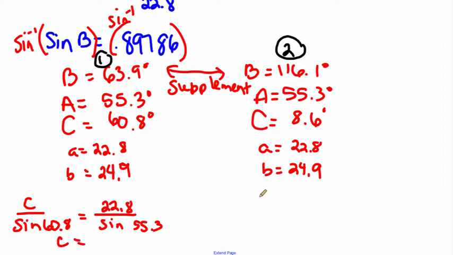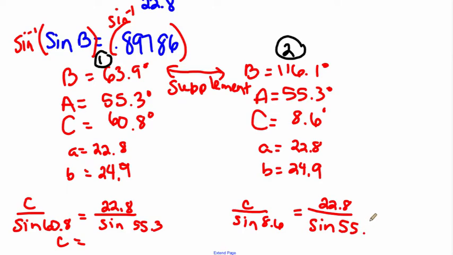But in this triangle, we have to do the same thing, but now we're going to use 8.6. So side C over the sine of 8.6 equals side A over the sine of angle A, which again was 55.3 degrees.